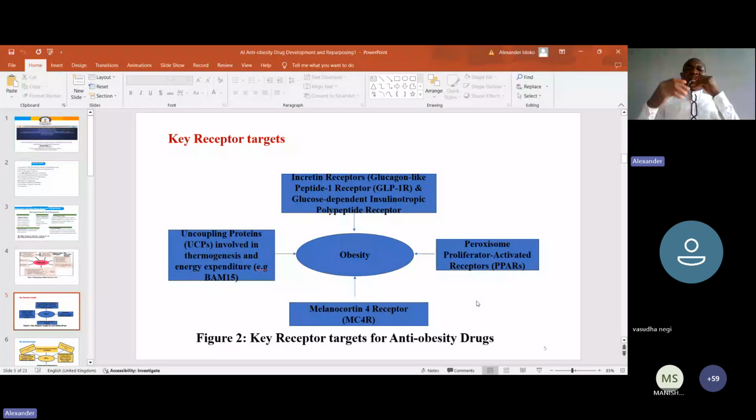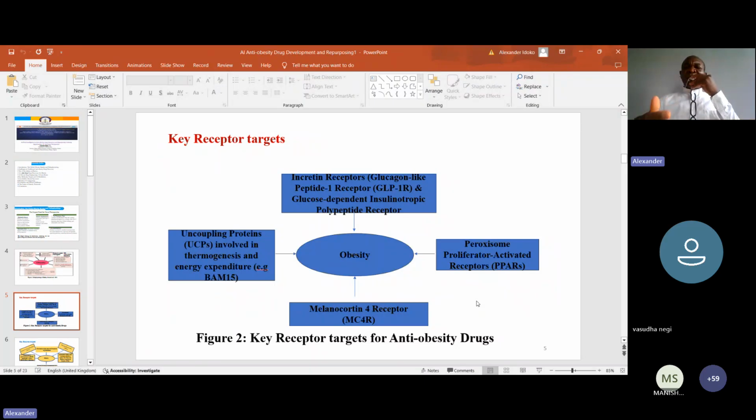Now, there are receptors that should be targeted for the development of anti-obesity drugs. These are not completely exclusive; there are other ones, but I selected these key ones.